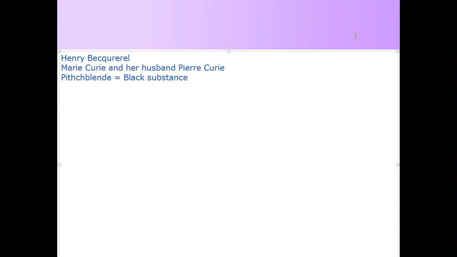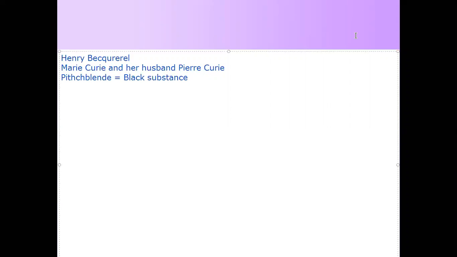They were not surprised, because uranium is radioactive, so pitchblende is also radioactive. They discovered that the radiation was more intense than from pure uranium, even though pitchblende had a lower concentration of uranium. So they concluded that some other substance was present in the pitchblende.